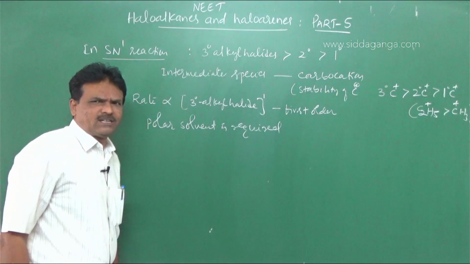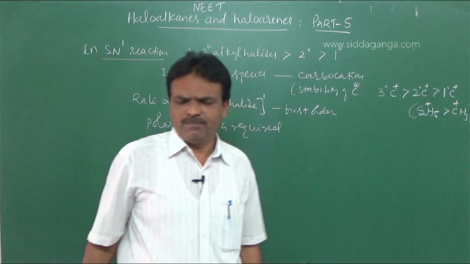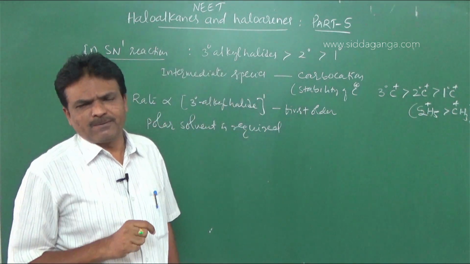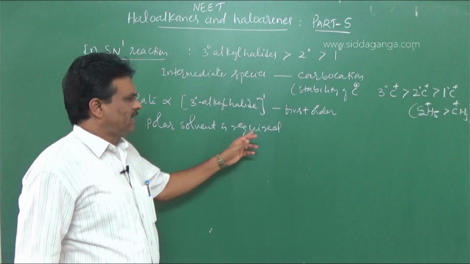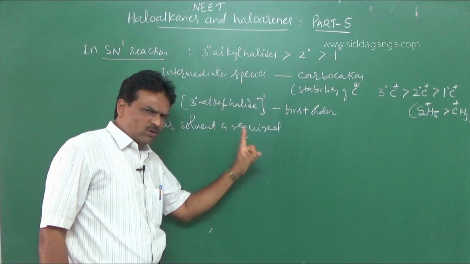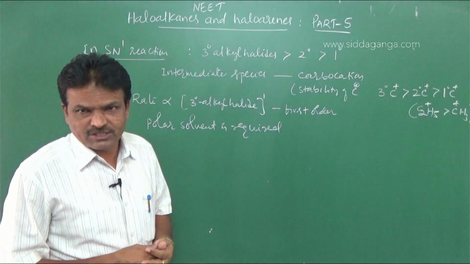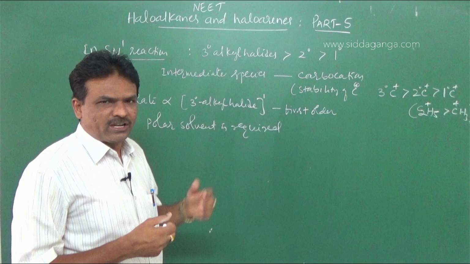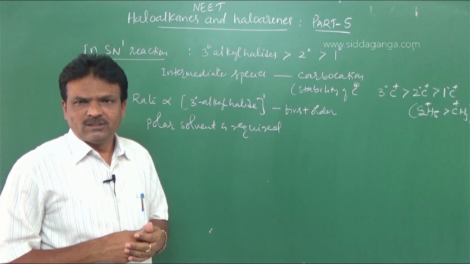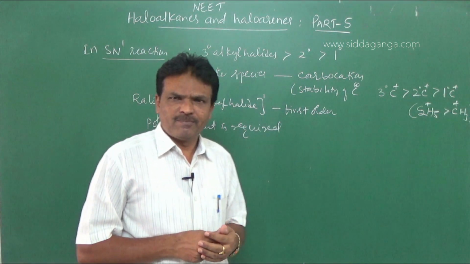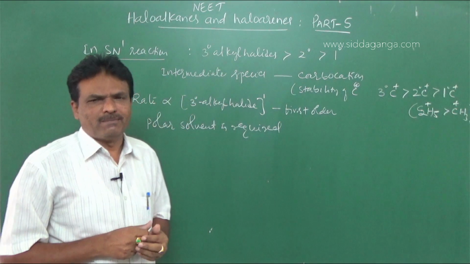Because you know that it is a two-step mechanism. In the first step, tertiary alkyl halide undergoes ionization in the presence of polar protic solvents to form tertiary carbocation. That is a planar structure and is stabilized by positive inductive effect.